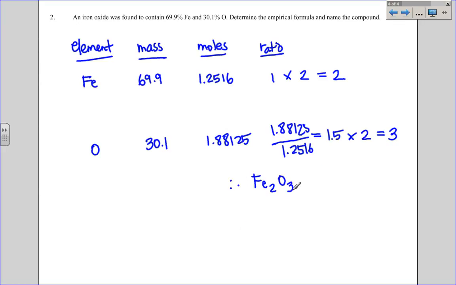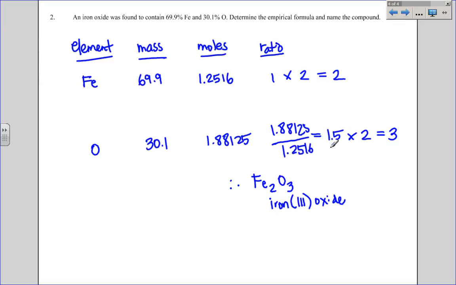And the name of this is iron(III) oxide. Okay, so in this question, what we've essentially determined is we've got this unknown iron oxide sample, and we've determined what the charge is on the iron in that sample by determining its empirical formula.